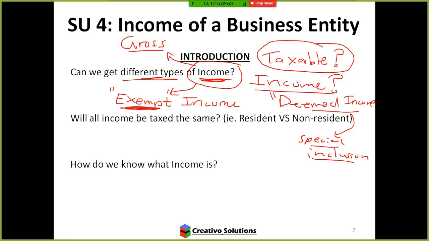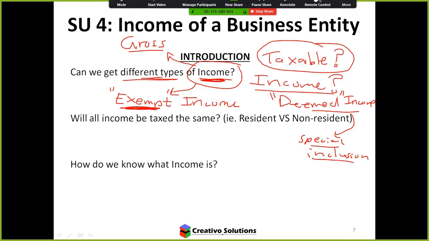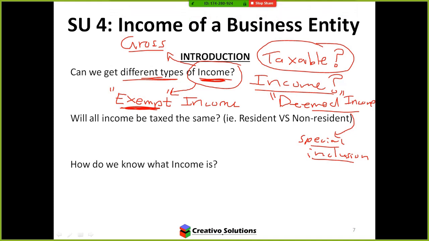I'm using the word deemed because it's not income; it doesn't meet the definition. When we look at the theory, you'll see what I mean. We'll discuss the criteria, and that'll be clearer then. Just to recap, income can either be gross income, exempt income, or not income but deemed to be income, and that's included as a special inclusion.